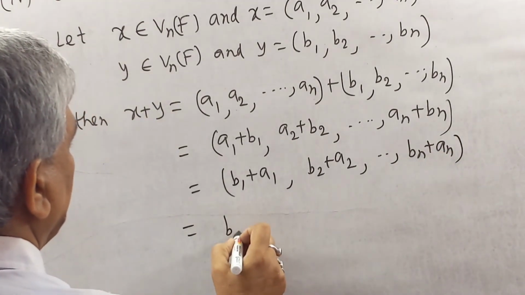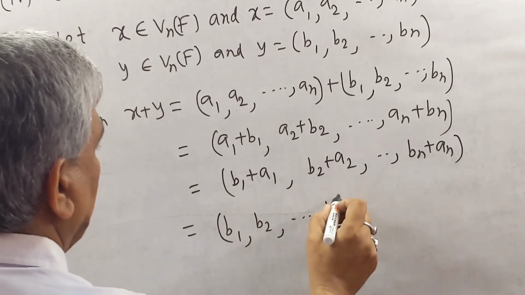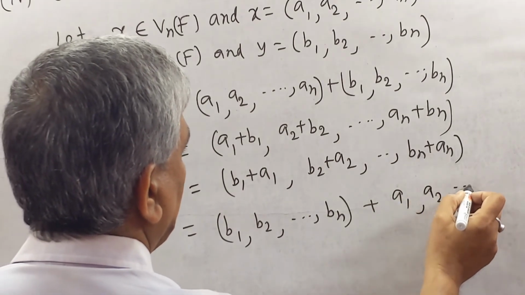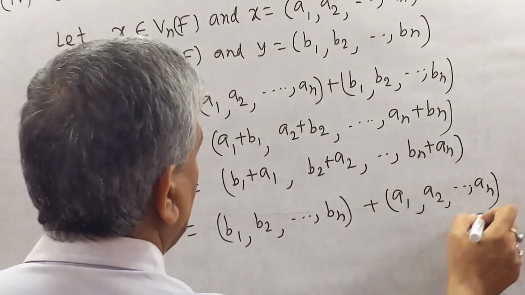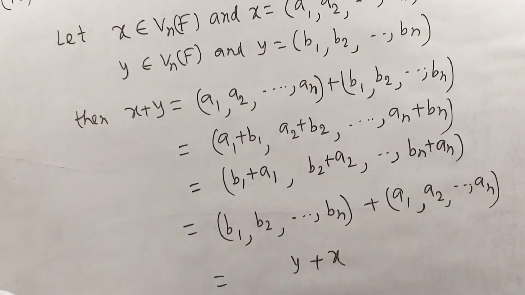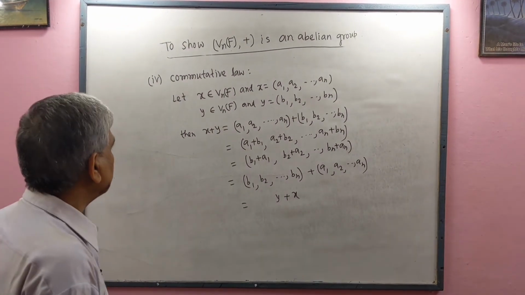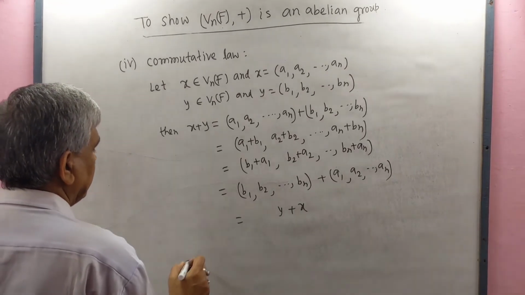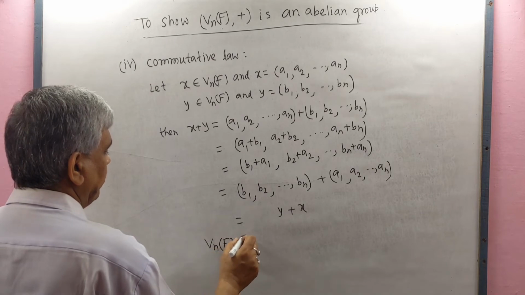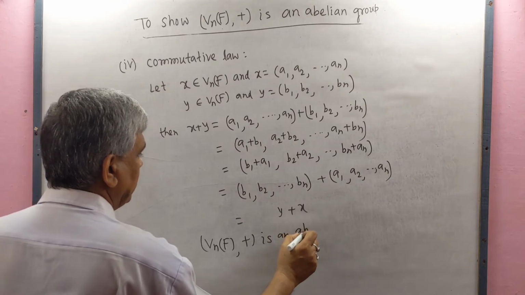This equal to (b1, b2, ..., bn) plus (a1, a2, ..., an) equal to y plus x. Therefore, x plus y equal to y plus x, hence commutative law holds. So, we may say that VnF with plus is an abelian group.